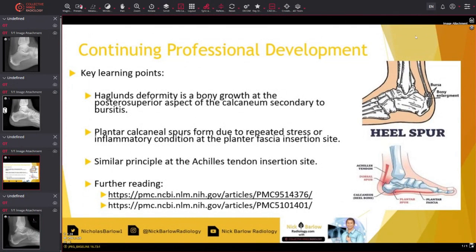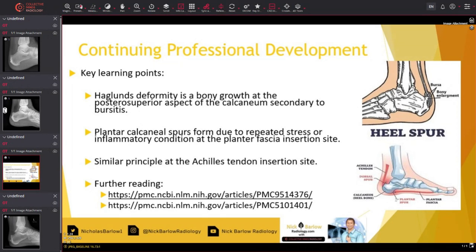So for your CPD, guys, I'm just going to summarise. Haglund's deformity is a bony growth essentially at the posterior superior aspect of the calcaneum, and I've got a small diagram here to show that this is a bursa here. This is the Achilles tendon coming in. This is a bursa surrounding it, and what happens is you get repetitive pressure on there, and over time that leads to bursitis and then eventually new bone formation and sclerosis.